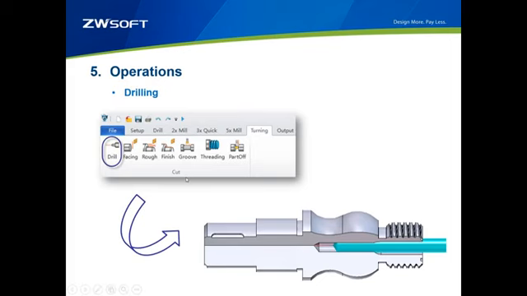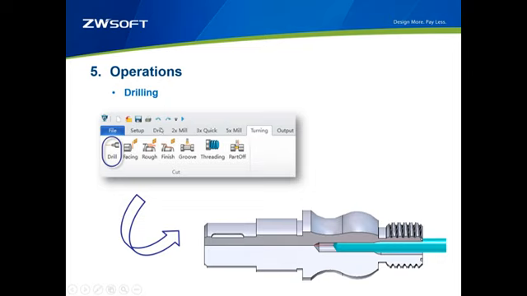Okay, the drill hole. You can find for the turning, the drill is different from this drill. The drill in the turning is different from the drill functions. So if you want to do drill in the turning, you need to use the drill operation in the turning menu, not in the drill functions.